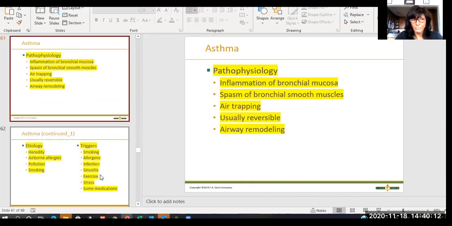Then we have asthma. So asthma is inflammation of all the mucosa inside the lungs and the bronchioles, and then spasms, air gets trapped. But with asthma, it's reversible, okay? People with chronic asthma that have multiple exacerbations or asthma attacks will see that their airways will remodel.